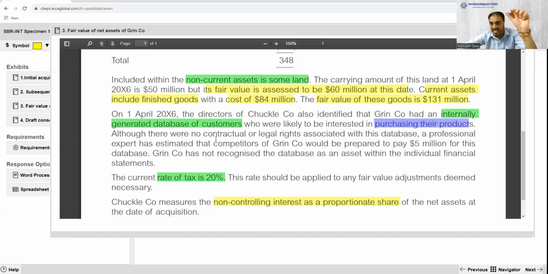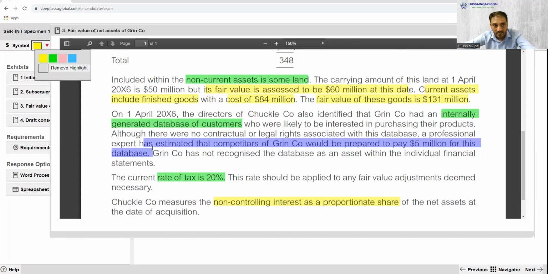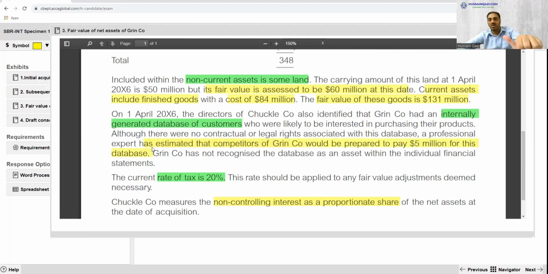Database of customers, intellectual property. Although there were no contractual or legal rights associated with the database, a professional expert has estimated that a competitor of GRIN company would be prepared to pay $5 million for this database. That means the fair value of this intellectual property at acquisition date has been identified as 5 million.